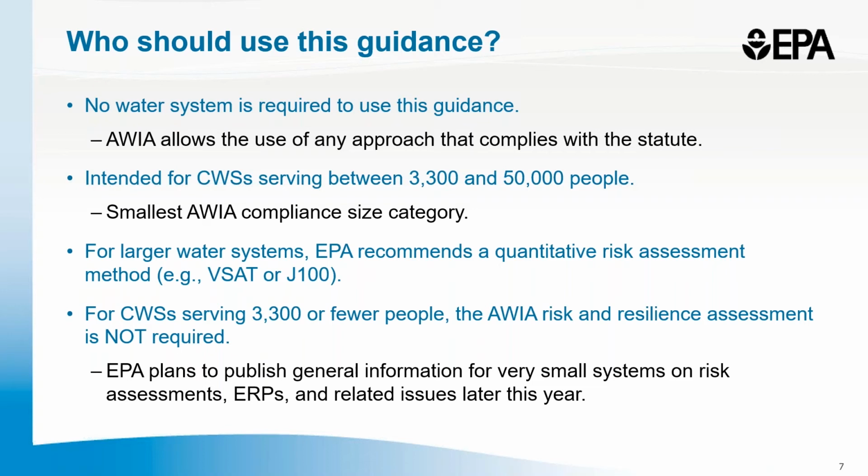For larger systems, EPA recommends a quantitative risk assessment such as VSAT or the J100. And for systems smaller than 3,300 people, the AWIA risk and resilience assessment is not required. However, EPA plans to publish guidance and information for these very small systems to conduct such assessments and emergency response plans later this year.